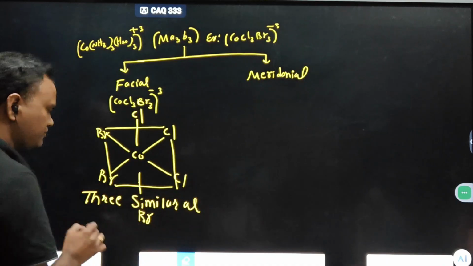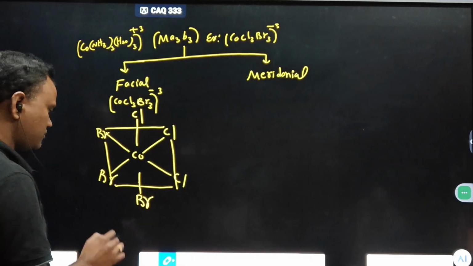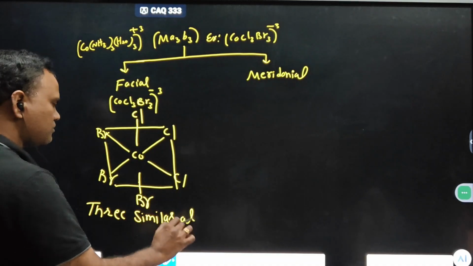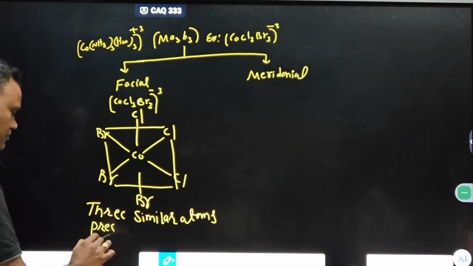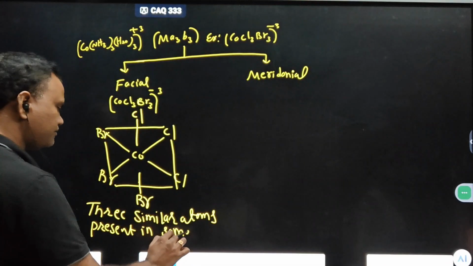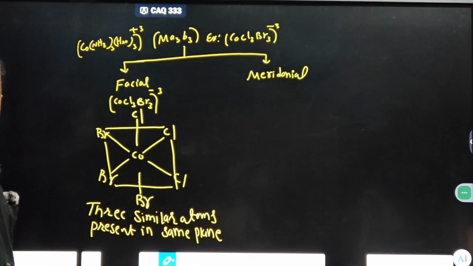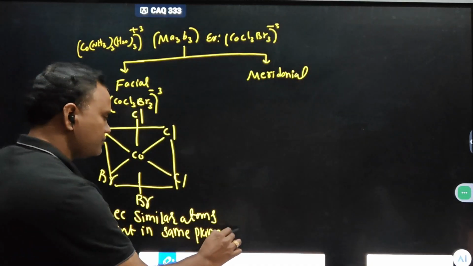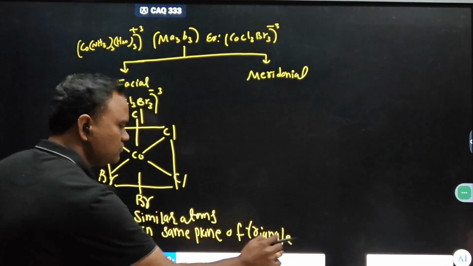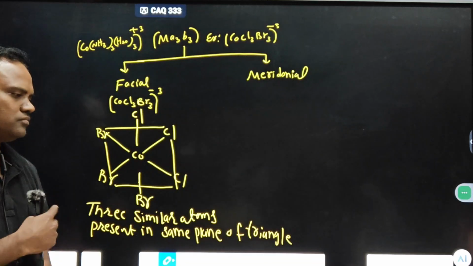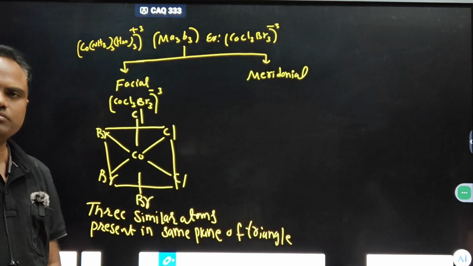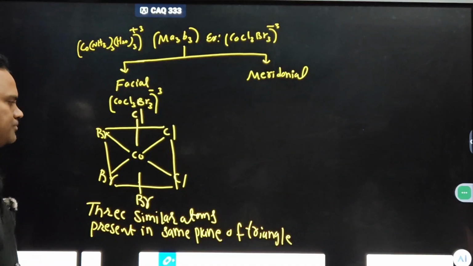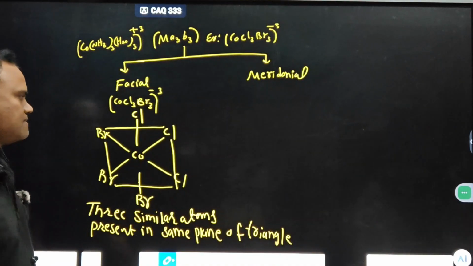After that, the definition. Three similar atoms present in the same plane, same plane of a triangle. Look at this, meridional.